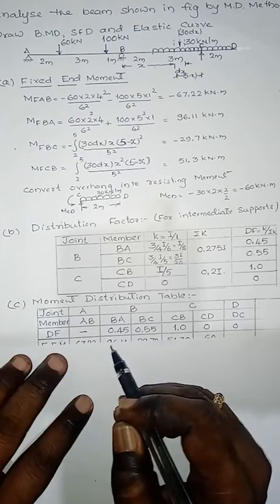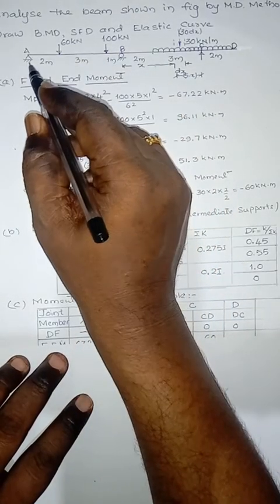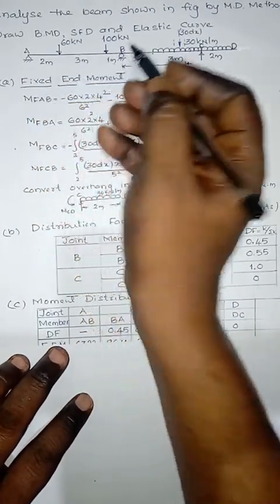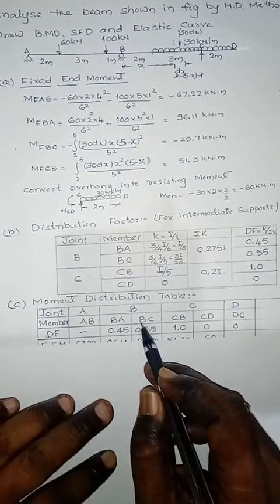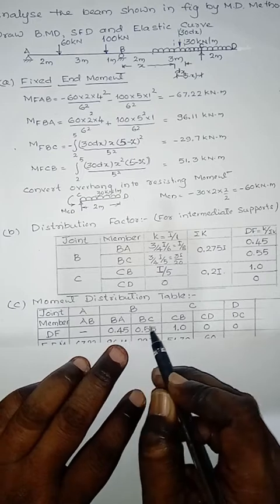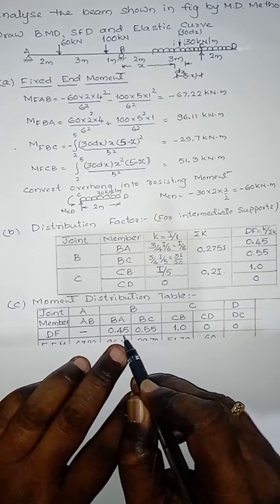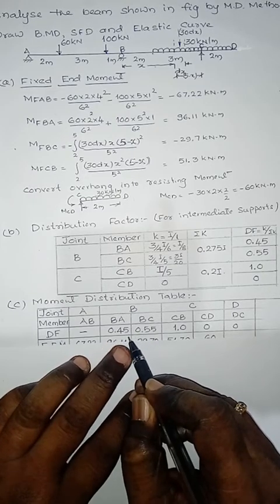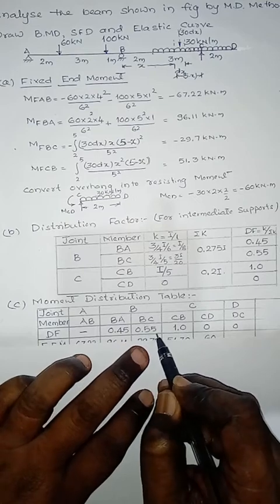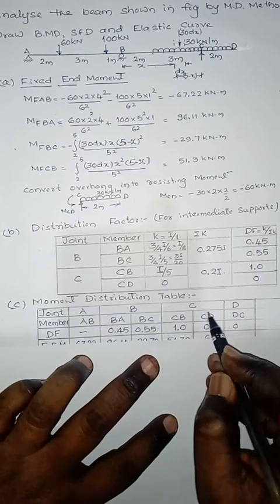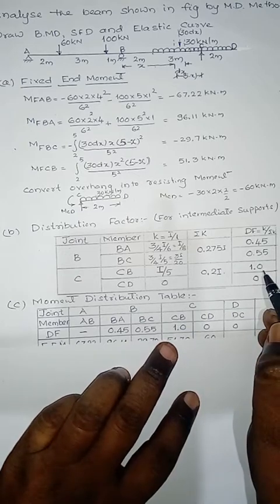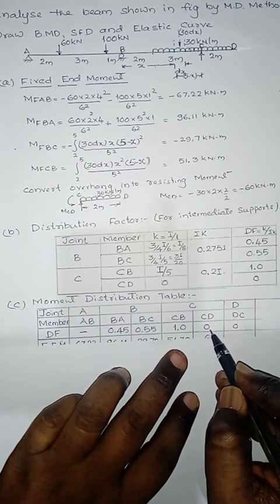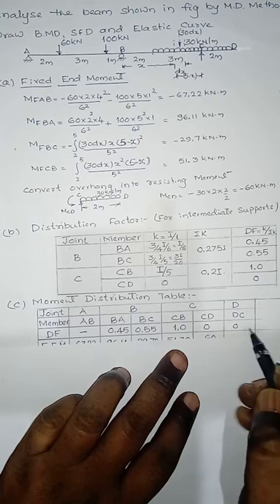The distribution factor for AB: there is only one span, hence there is no distribution factor. For B, we have calculated the distribution factor for BA as 0.45, for BC 0.55. Then for CB, it is 1. For CD, there is no distribution factor for the overhanging portion.